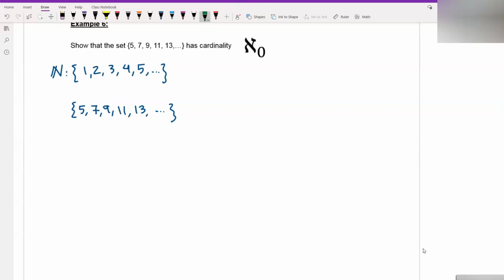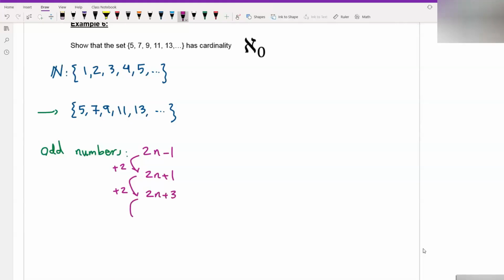What I see here, we're given odd numbers. So for odd numbers, I can have, for example, 2n minus 1. Then add 2, I can have 2n plus 1. Again, add 2, 2n plus 3. So all these are odd numbers.